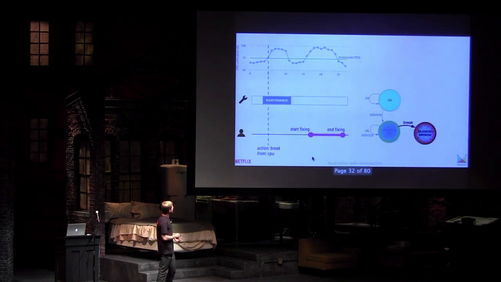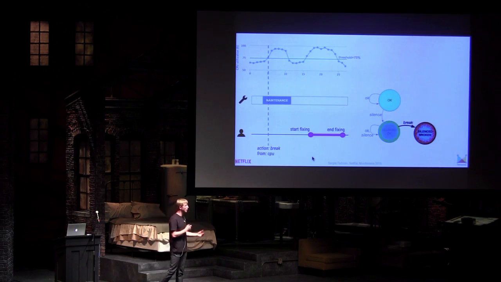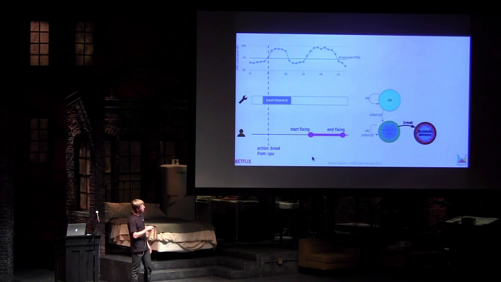Things start to run hot. Probably we have some maintenance script or something like that, and we exceed the threshold. So our CPU utilization checking function says, okay, we are above. We want to break. And it sends the break signal to the state machine, and it makes a transition from silence OK to silence broken, which means that the cache is running hot. But it's kind of expected. We are in maintenance anyway.